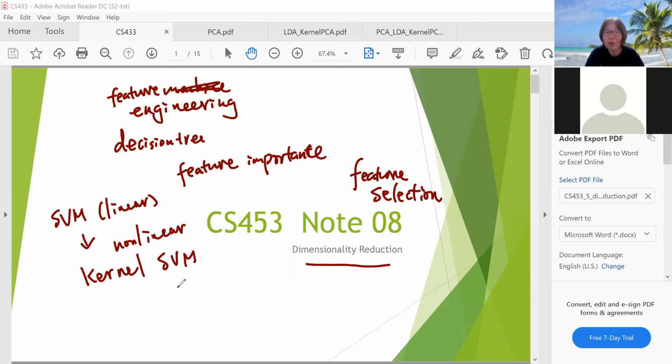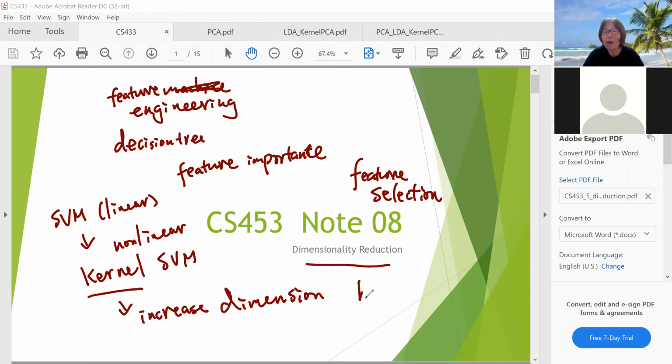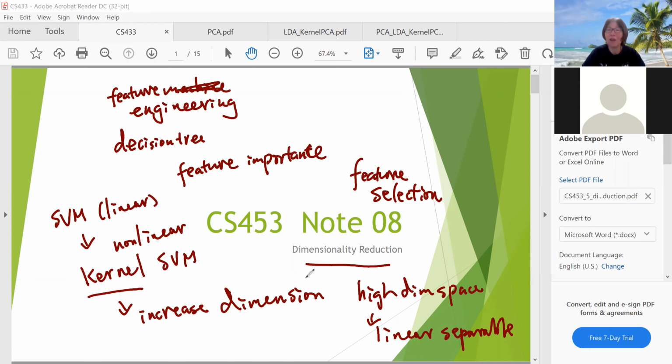With the kernel trick, you increase the dimension. Once you have a high dimension space, then we can do linear separable. So that's all regarding either increasing or decreasing dimension.